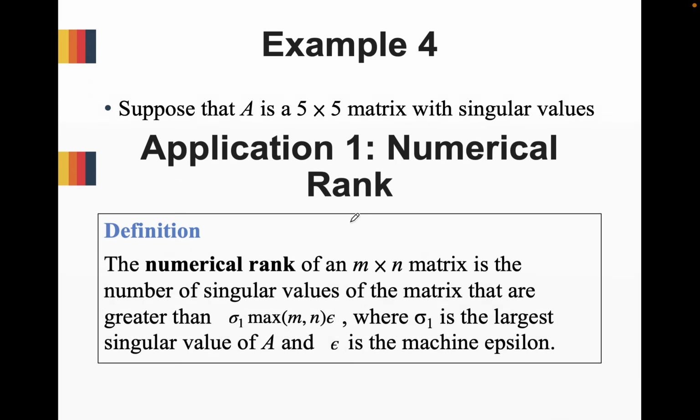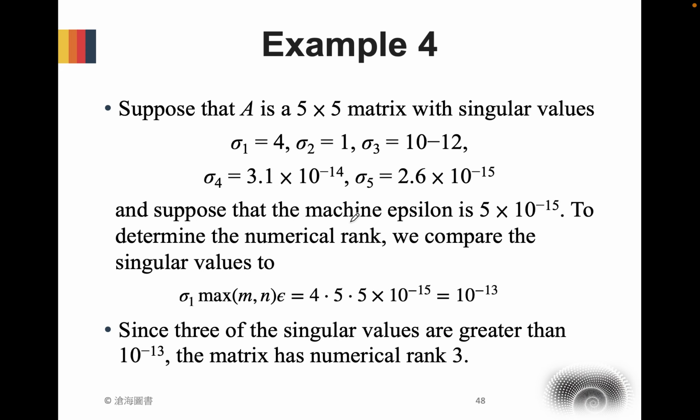Okay, so let's see some example. Suppose A is a 5 by 5 matrix with singular values, where sigma 3 should be 10 raised to the power negative 12, and then sigma 4 and sigma 5. Okay, so we can see that basically the first two singular values are much larger than others, right?